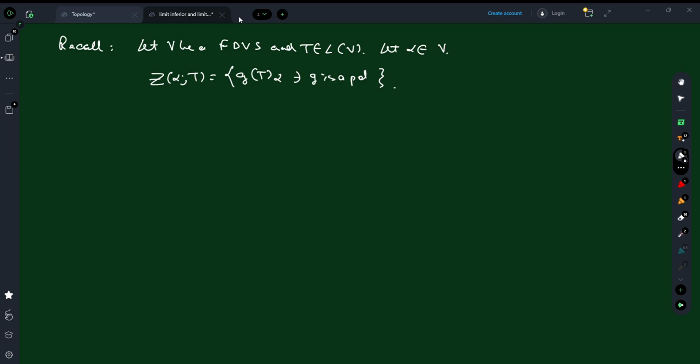So let us quickly define one more important aspect of today's lecture, which is the concept of a T-annihilator of a vector.